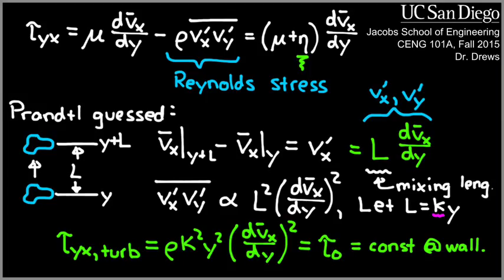This term is constant, tau naught is constant, rho and k are both constants. What we have here is a separable first-order differential equation where we can solve for v bar x as a function of y. So I'm going to rearrange that a little bit. It's nothing but algebra.